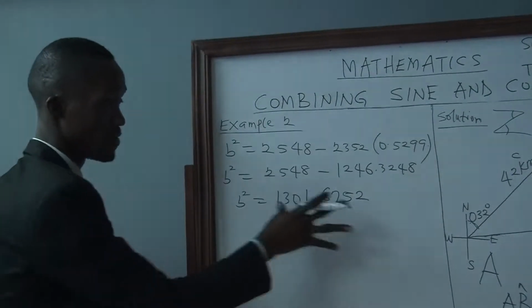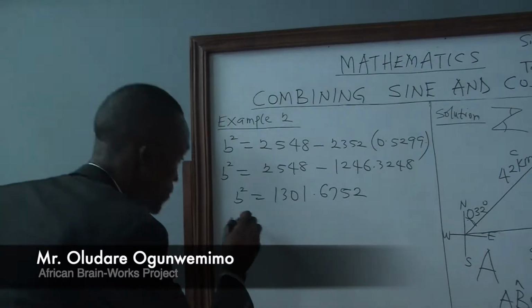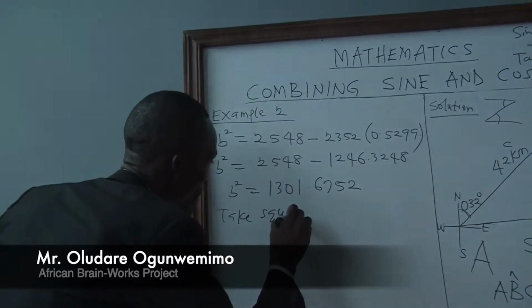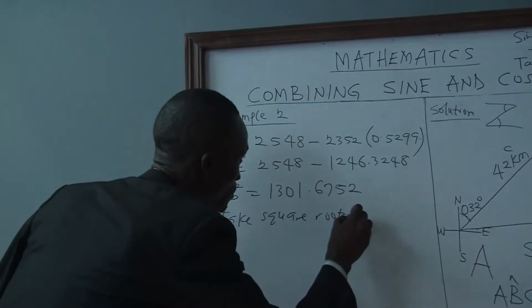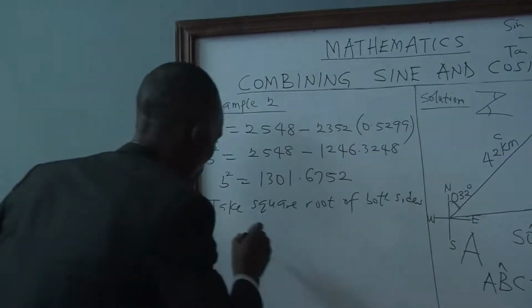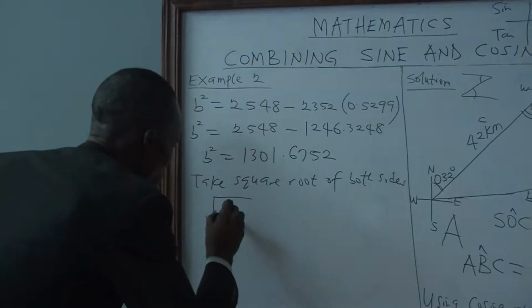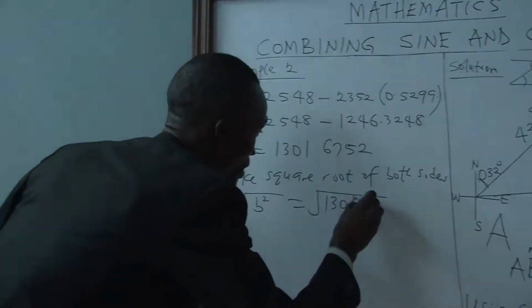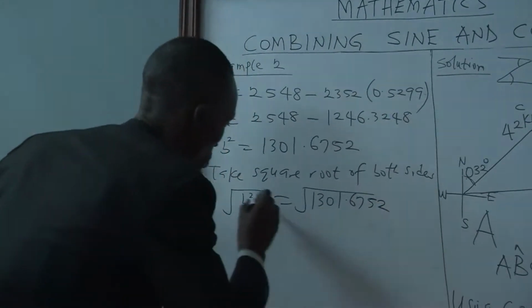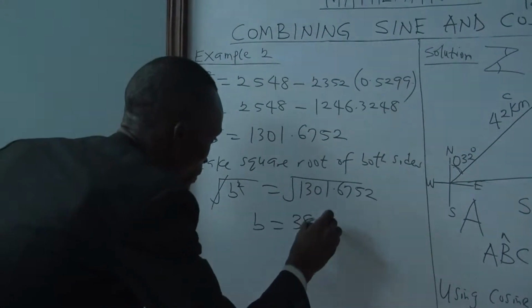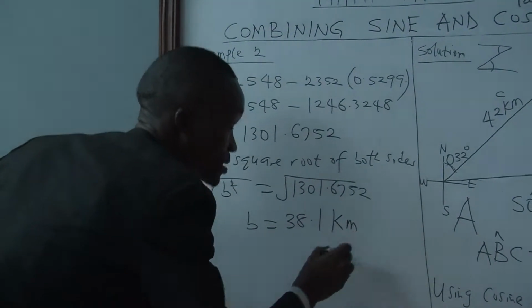For any expression that involves a square, we have to take the square root of both sides. By doing that, we have the square root of b squared equal to the square root of 1301.6752, and we have b to be 38.1 kilometers.